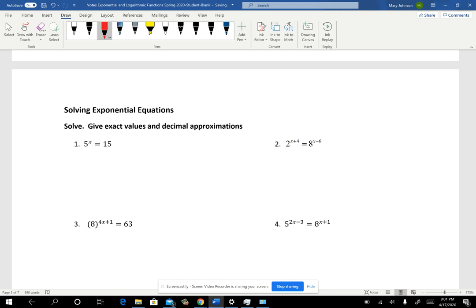All right, so when you start with an exponential, when you start with a variable as an exponent, what you want to do first is think, can I get the same base on both sides? That's what you want to think of first.